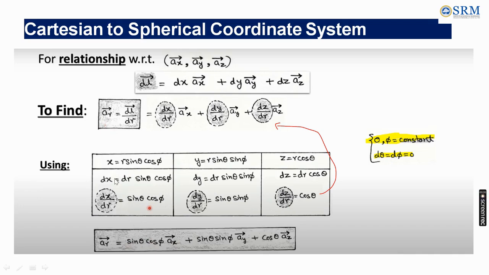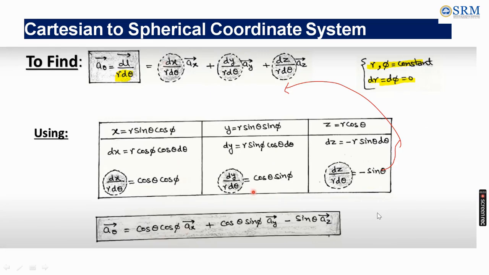To find dx by dr, if I differentiate x with respect to r, I will get sin theta cos phi. Similarly, dy by dr will be sin theta sin phi, and dz by dr will be cos theta. So substitute everything here, and I will get the unit vector AR cap in terms of the Cartesian unit vectors.